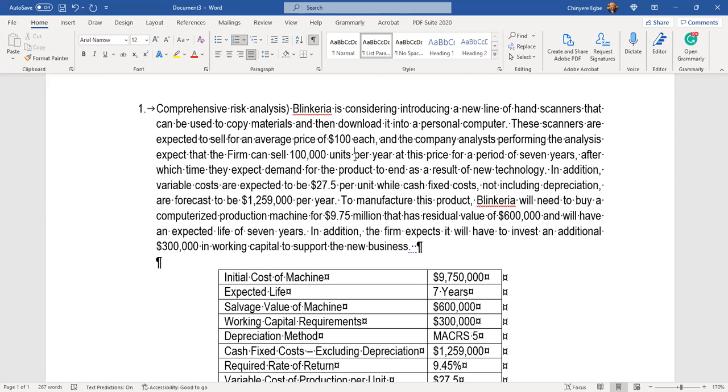You take the sales, you change and say, okay, let's say sales go below what we thought, and also the expected unit cost of production goes up, and the expected sales price goes down.